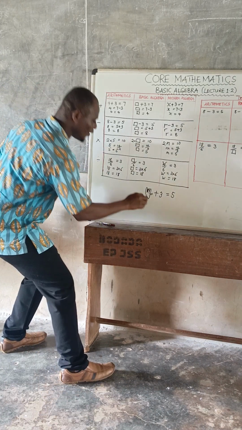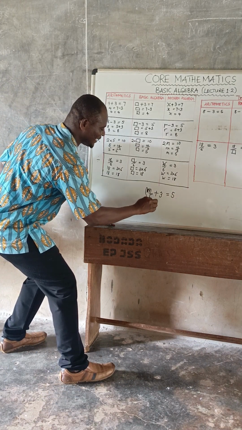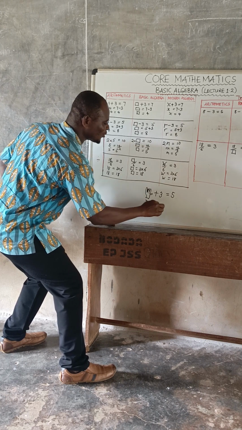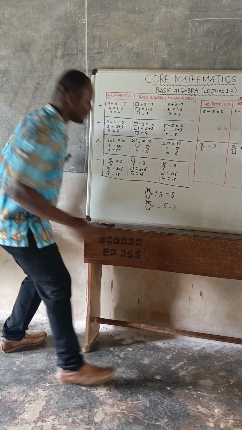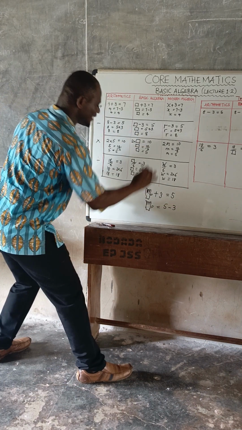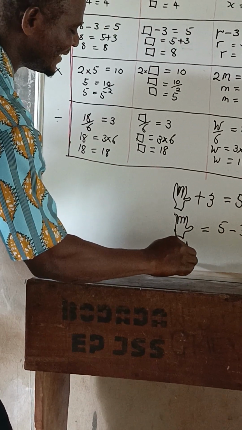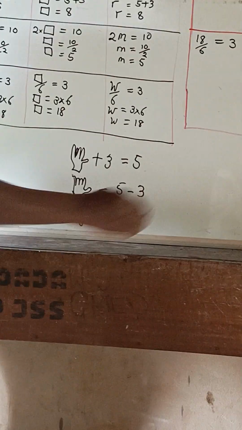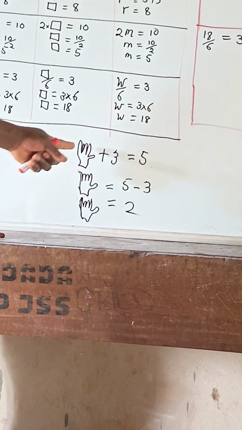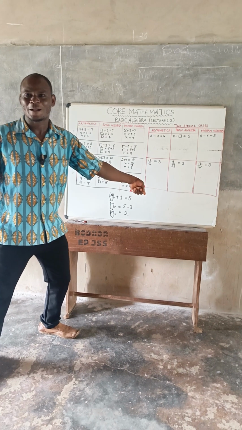So you will say that, okay, under the hand is equal to 5 take away 3. So the number that the hand is trying to hide is actually a 2. And we all know that you need to add 2 to 3 before you make a 5.